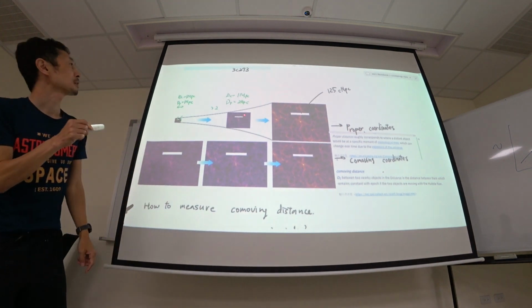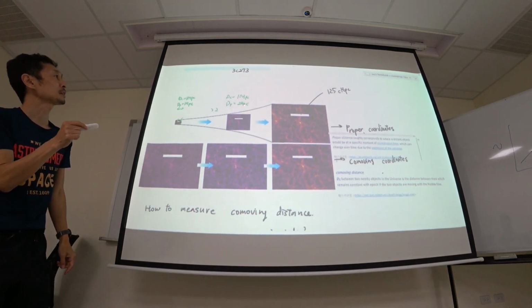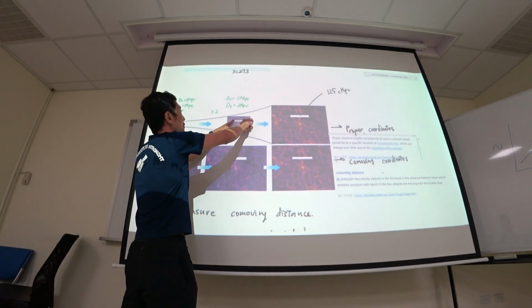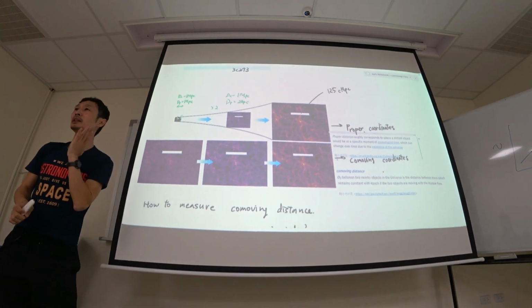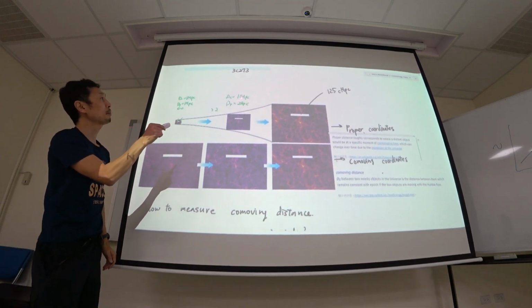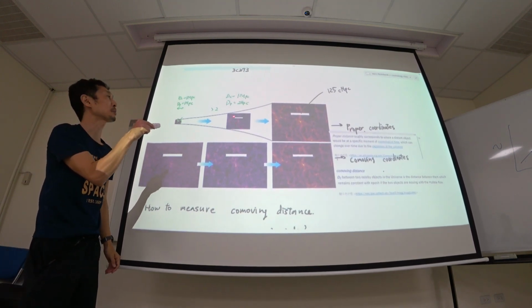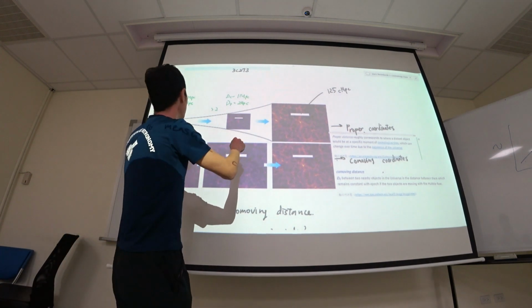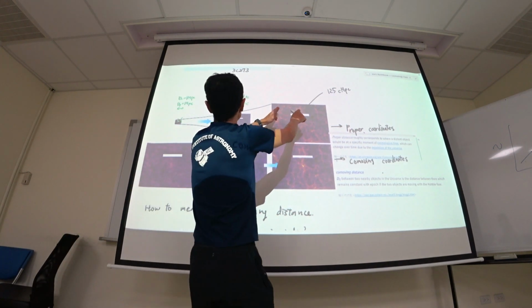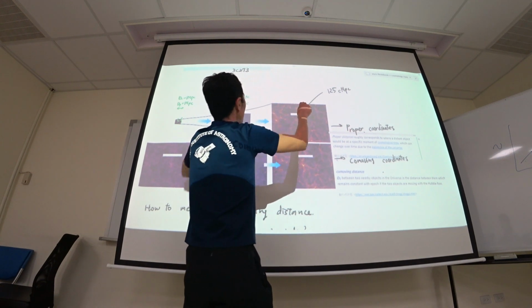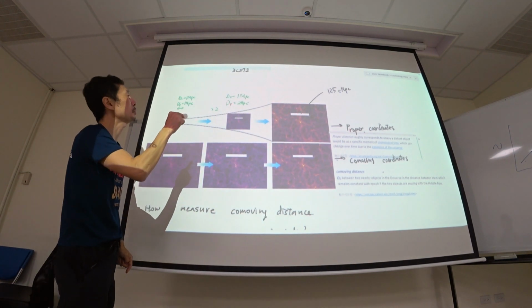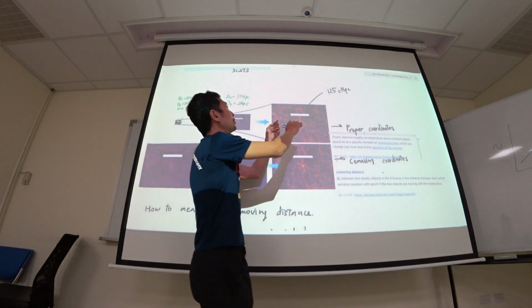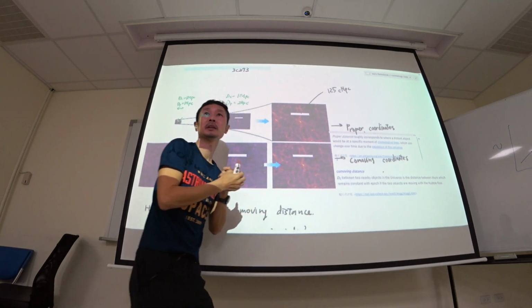Then it becomes even bigger, say 3 megaparsec for proper distance, but for co-moving distance, it's always 1 megaparsec.